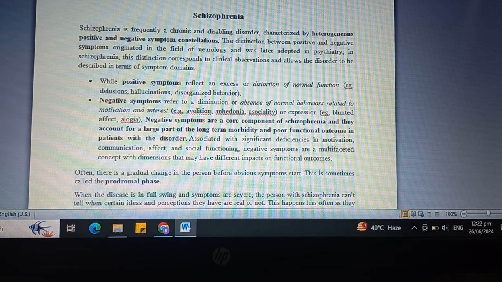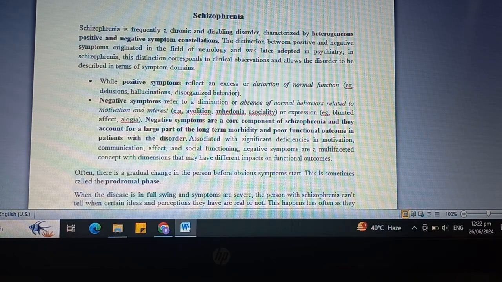Now the negative symptoms, as the word demonstrates, negative means something is taken out. It refers to the diminution or absence of normal behavior related to motivation and interest in overall life.